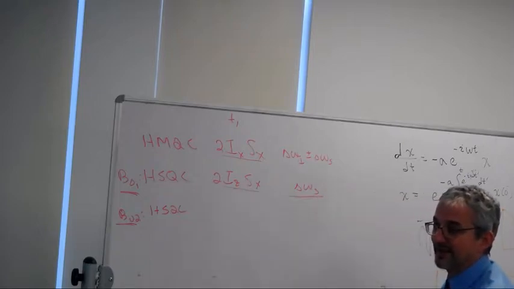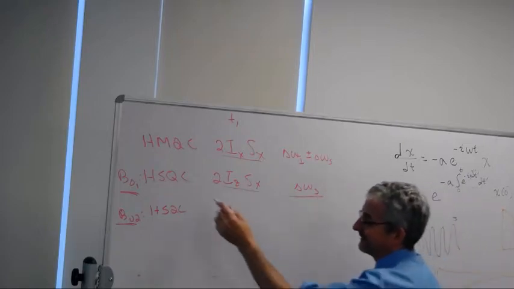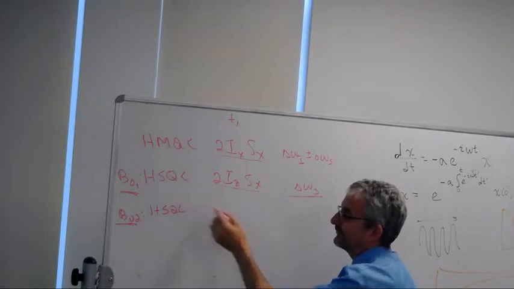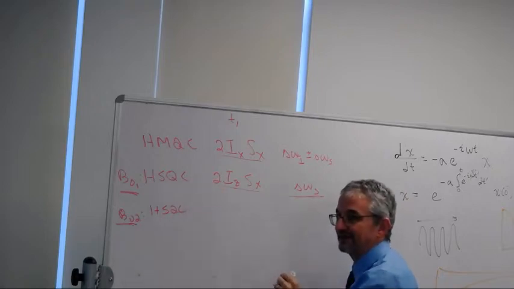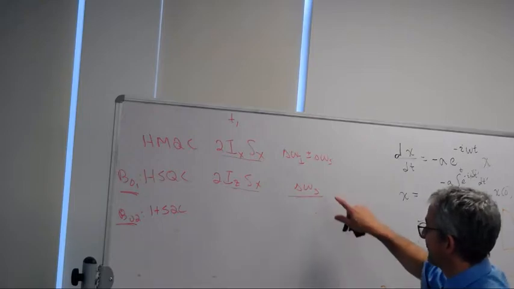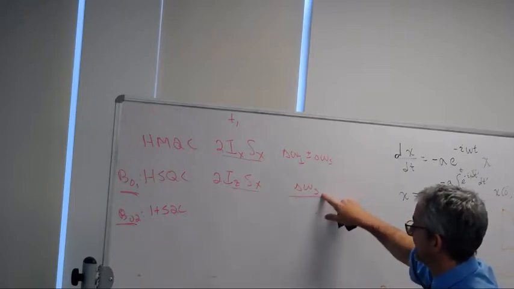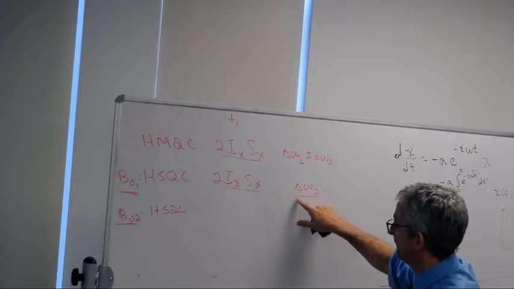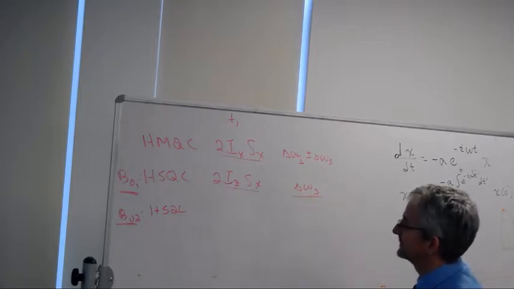So one can make careful comparisons of HSQCs acquired at two fields and work out the sign of delta omega. Neither of these is perfect, but most of the time you can figure out the sign of the chemical shifts.